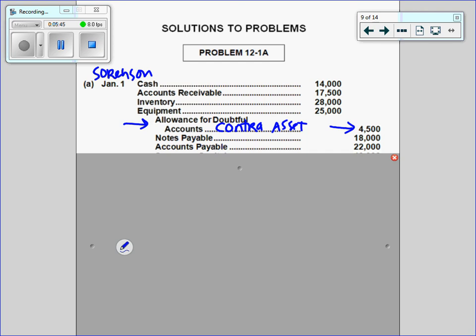So then Sorensen's capital per the partnership is $40,000. And that is just a bunch of forced math to get to that number. We're not concerned with what his capital was for his sole proprietorship. This is his partnership capital.